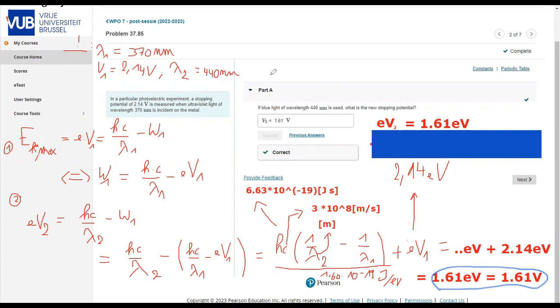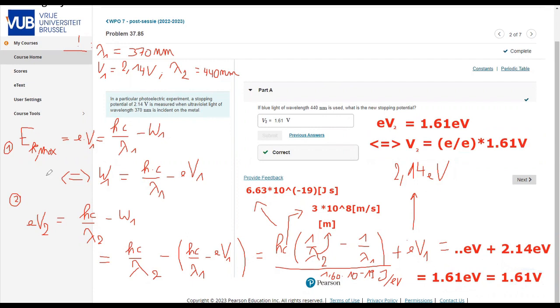I put it here in these two equations. So EV2 is like I showed you. That's what we were finding. We found E 1.9, and then we just need the potential in the second situation if they give us this.